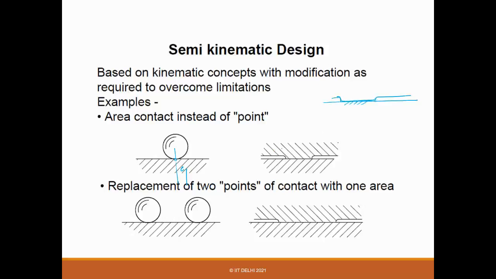Now we increase the area, so the load bearing capacity and everything is much better than with a contact point. Suppose it's a two-point contact; a two-point contact is a line contact, so we spread it over a larger distance. Many times when we talk about three-point contact, or in machining also, what do we realize?